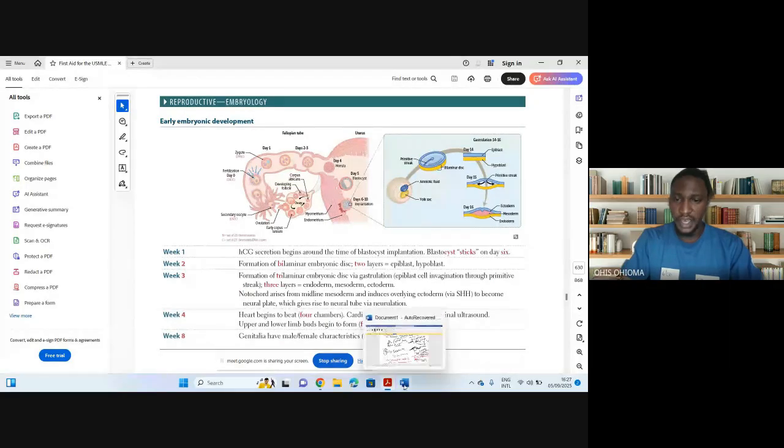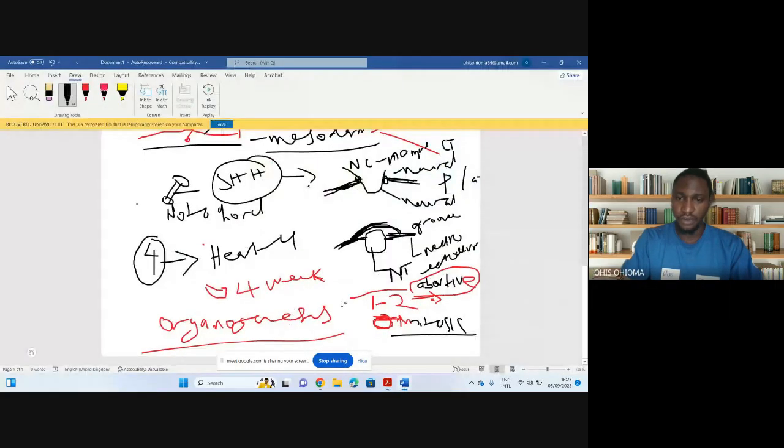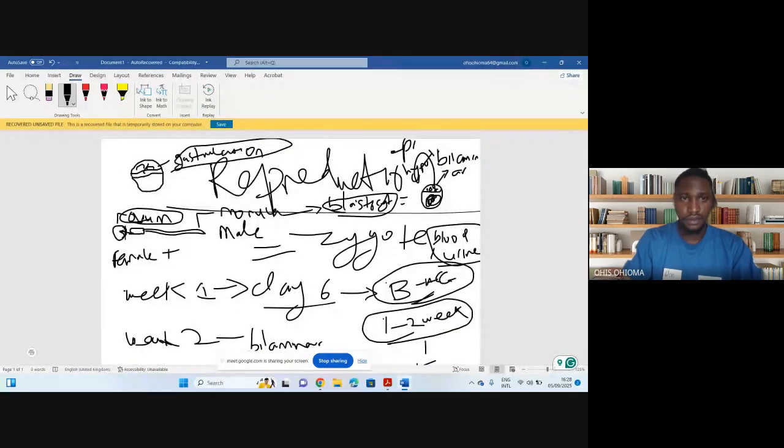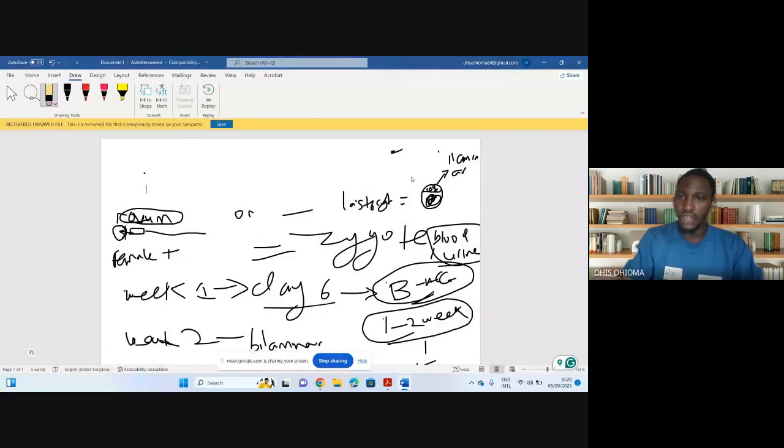And week 8, like I said, is the week that you have the genitals being formed. But you can't tell whether the child is a male or a female, because at week 10 there's a gene known as the SRY gene. So in week 10, the genitals start forming, but you cannot have sex differentiation at that point.